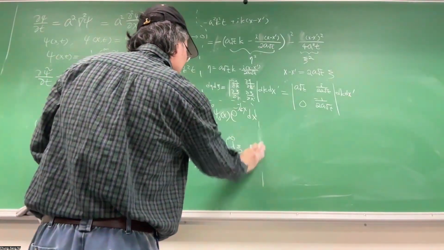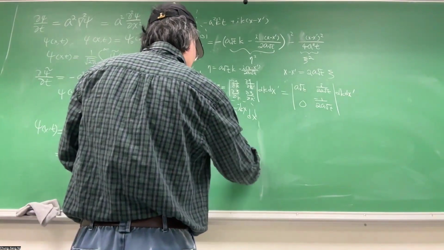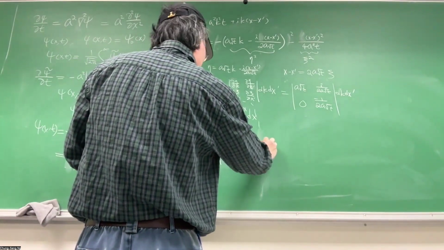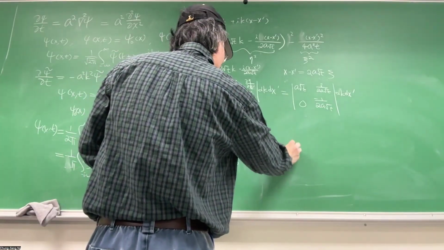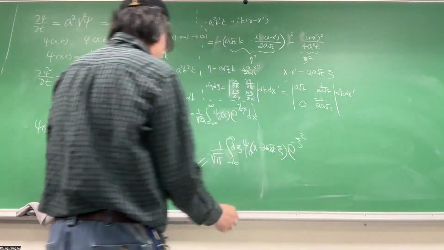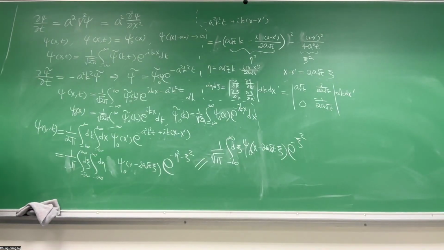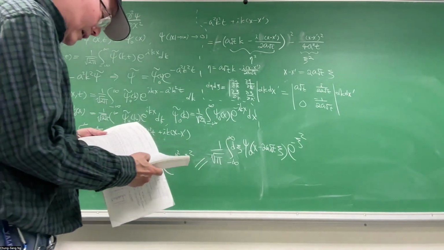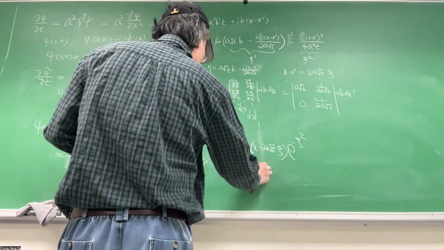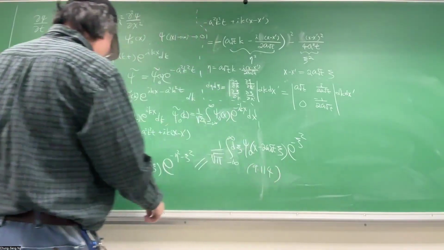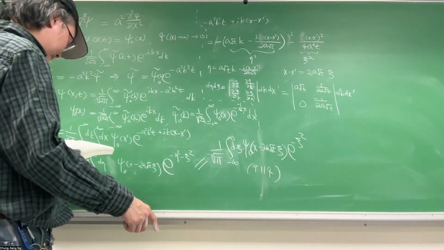You can see size of 0, x minus 2a square root of t, c, e to the minus c squared. Okay, so that should be your equation 9.140.